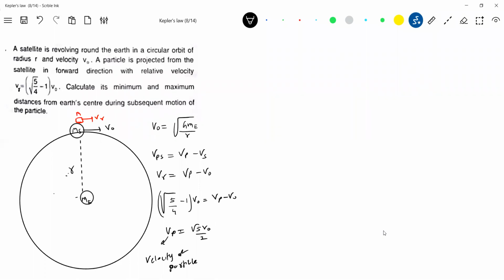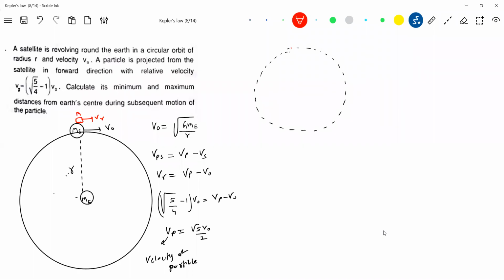Here I'll take the diagram. It is going to describe an elliptical orbit. Where should the Earth be? Earth will be one of the foci, and the point where it leaves will become perigee or apogee.